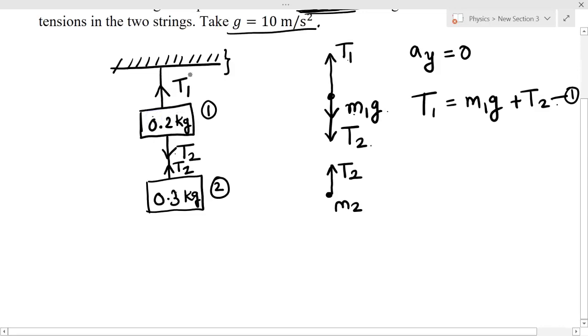That's why here the tension is different, which we have assumed as T1. So there is a T2 tension and there is m2g as a gravitational force downward. Is there any other force acting on this? No. So T2 will be equal to m2g. This is my second equation.